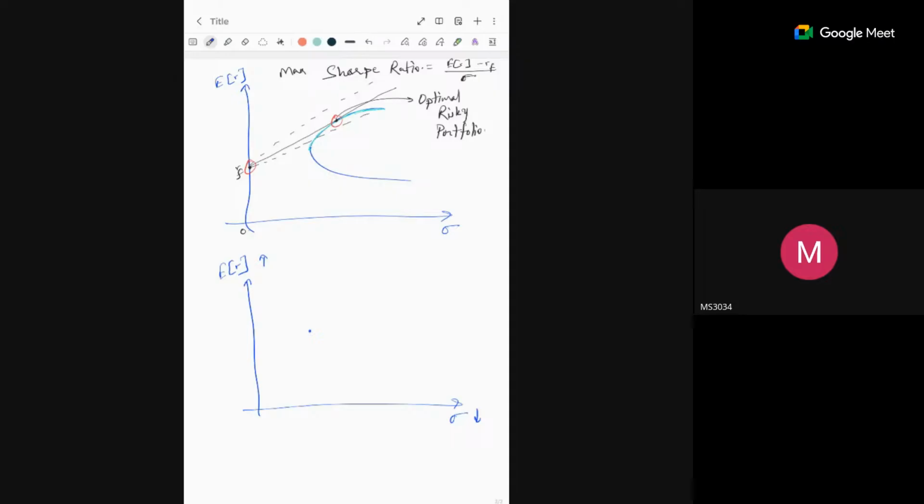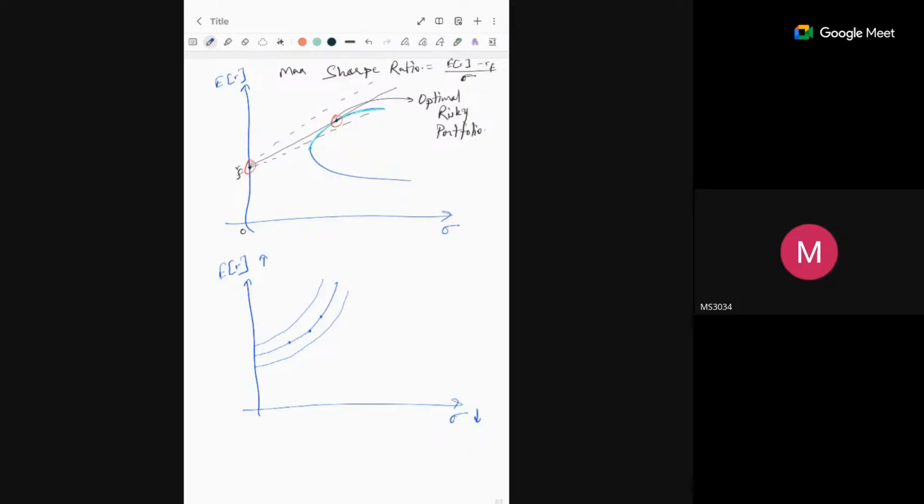So if the risk increases, then the return should also increase, so both of these points will be part of your indifference curve. And if your expected return decreases, then your risk should also decrease in order to give you the same level of utility. So in that way, your indifference curves in this risk return diagram are upward sloping. So this would be the shape of your indifference curve.